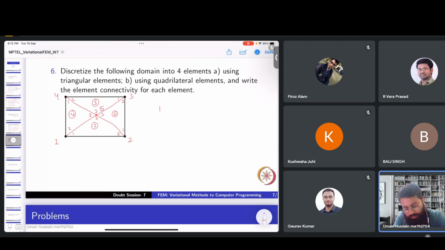So the connectivity matrix here is, first of all, how many rows and how many columns in the connectivity matrix?